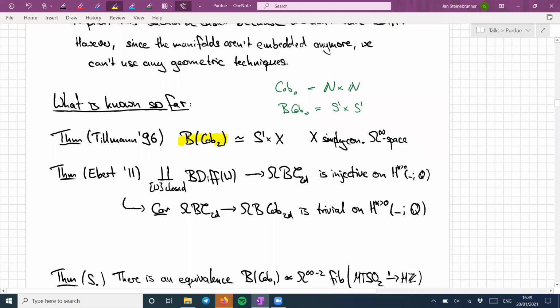And she showed that the classifying space there can be split as a product of S1 and some X, where X is a simply connected infinite loop space. From the perspective of what she was trying to do, computing invertible TQFTs in dimension 2, that's enough, because you only need essentially the first cohomology group, and the TQFT that is seen by this computation is the Euler characteristic TQFT that sends a surface to half its Euler characteristic.